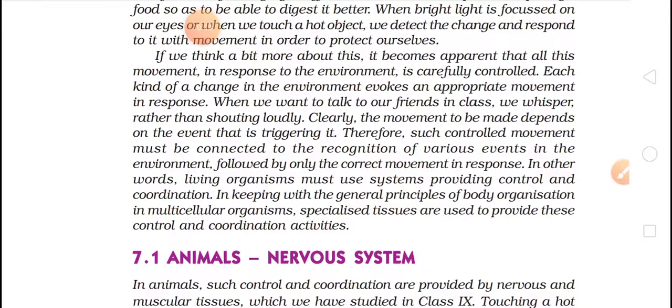At that situation, what we have to do, either walk slowly or run, either talk softly or shout. What to do at what time, how to do it, all this is being controlled by a nervous system.